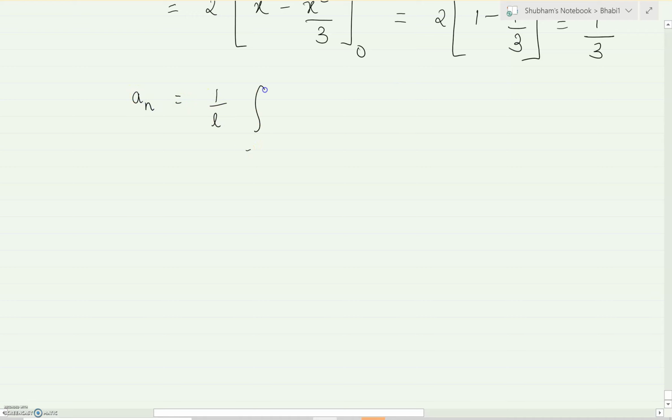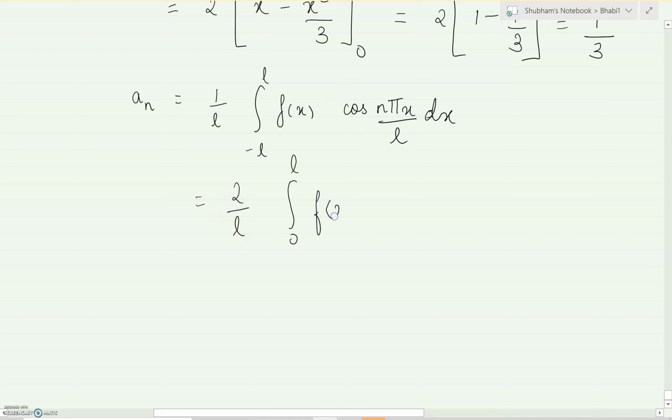The formula can be this, or you can write the same formula as 2 by L. Whichever is comfortable or whatever you can remember in the exam, you can write down. By both the formulas, you'll get the correct answer.